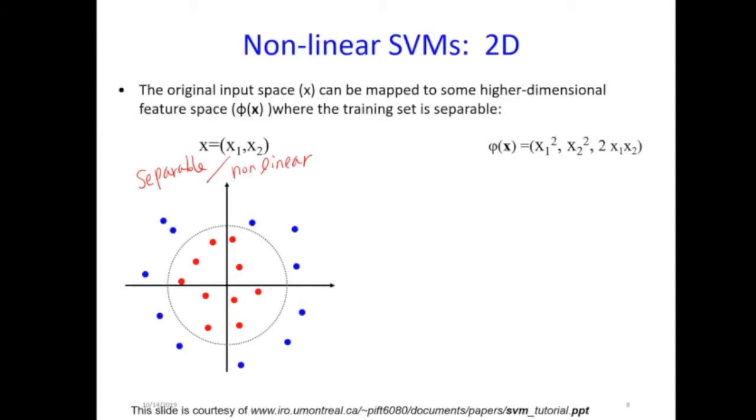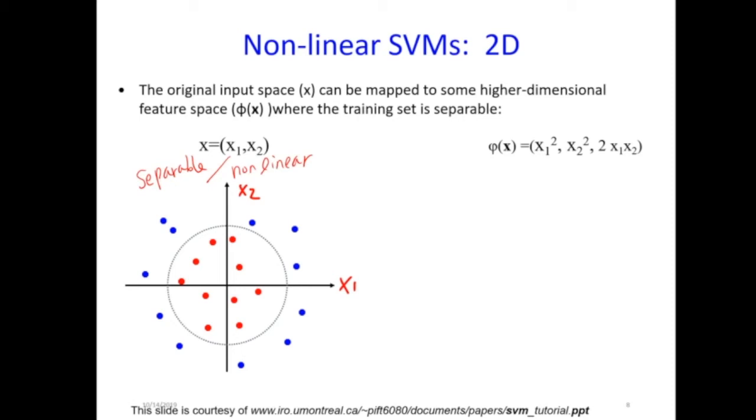Even more complicated, but there is a lot of data looking like this. You might have one class quite densely together, and the other class distributed almost all over the space. How would you separate this? There's no way in the original x1, x2 space to separate the two classes, red versus blue, using a linear separating hyperplane.